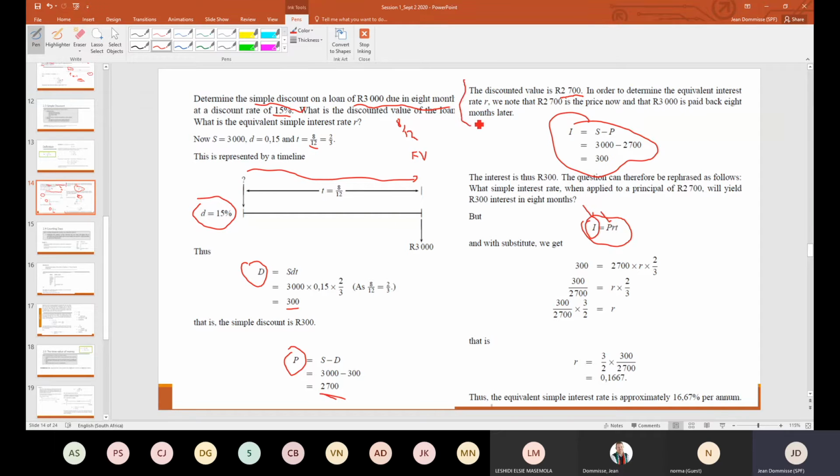In this question, they don't give us R, so we need to calculate R. And in this question, they tell us 8 months later. So we know that 8 months later is 8 divided by 12.